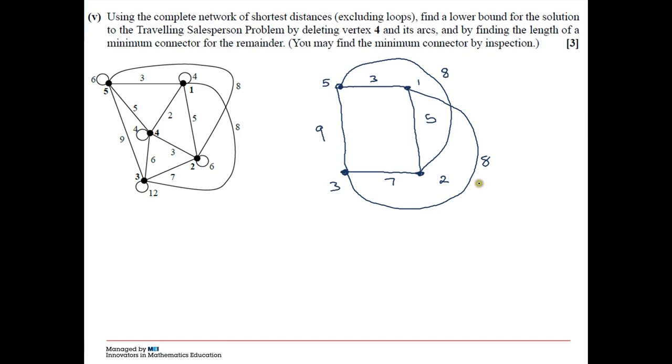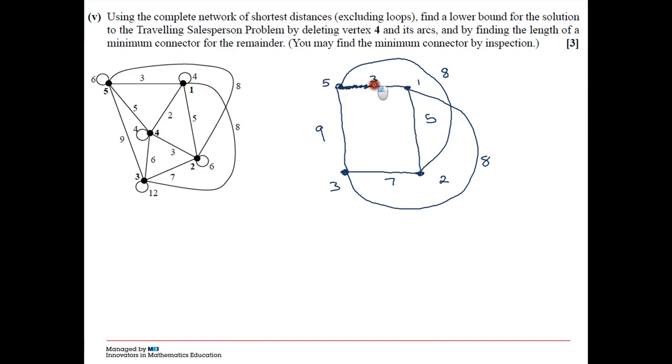And what we have to do now is find a minimum connector for that. And it says you may find the minimum connector by inspection. So there's no need to actually show that you've used an algorithm.